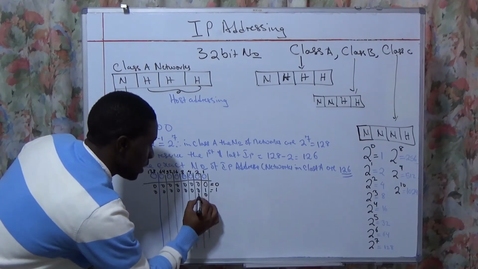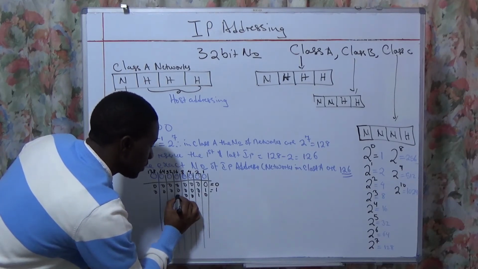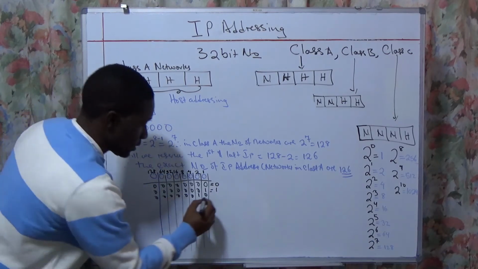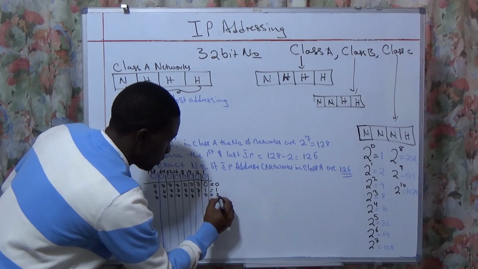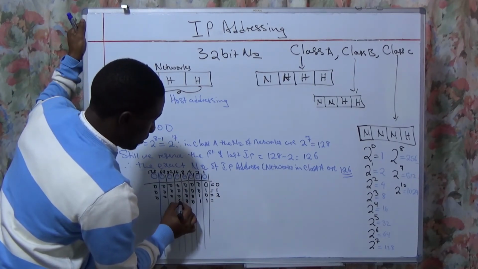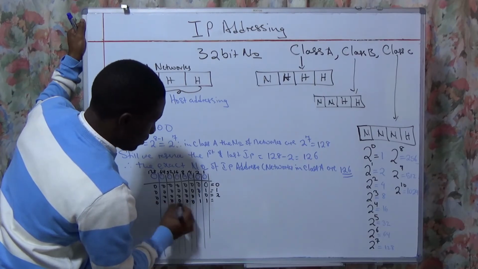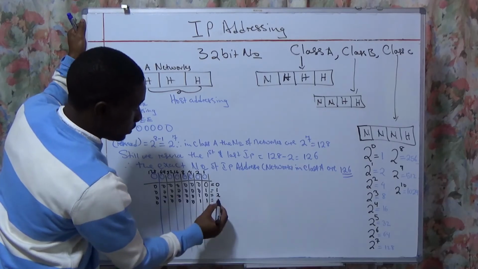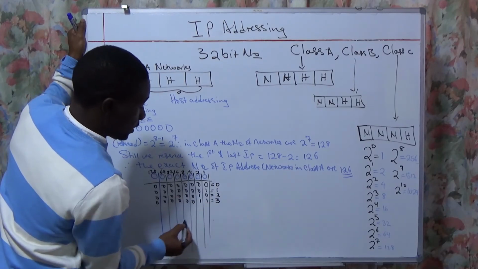So 0, 1, 0, 0, 0, 0, 0, 0 equals 2. 1, 1, 0, 0, 0, 0, 0, 0 equals 1 plus 2, 3.